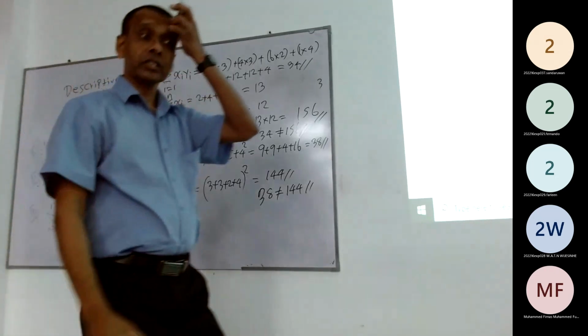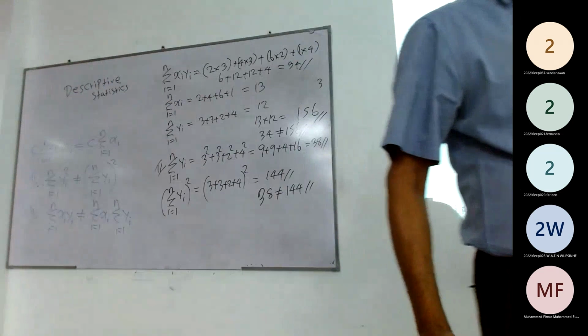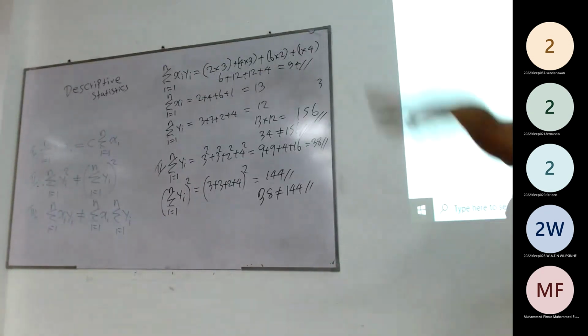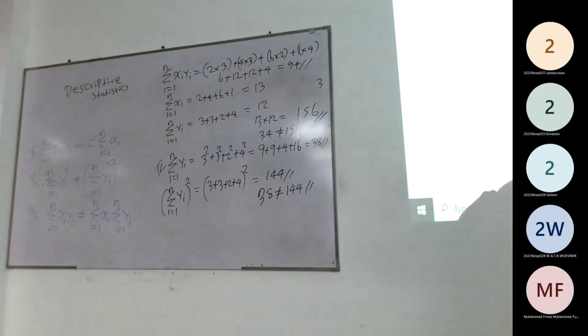What is meant by descriptive statistics? In the introduction part, I mentioned the classification of statistics. To understand the nature of data, we collect, organize, analyze, and present the data. Therefore, in descriptive statistics, all the calculations we do are to understand the nature of data.